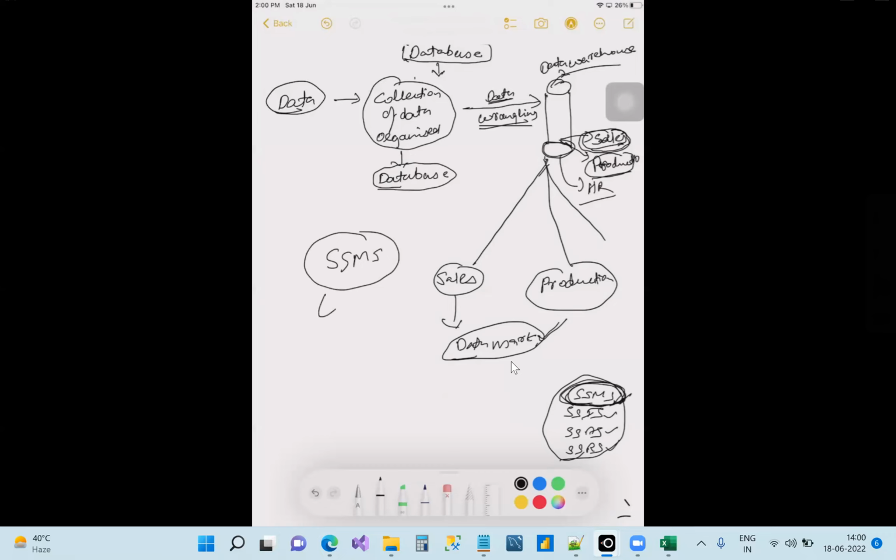In this, we write our SQL code. SQL is a language that helps us communicate with this database, not anything else. SQL Server Management Studio is basically a product of Microsoft where we write all our structured query language.